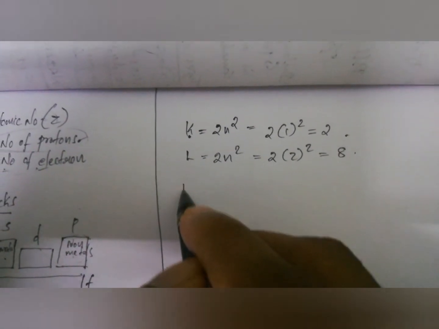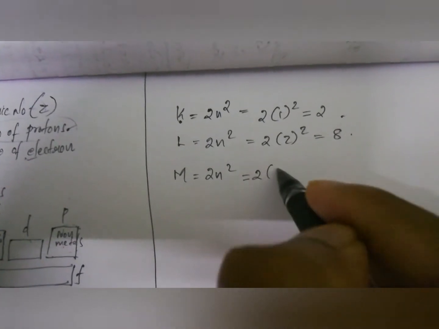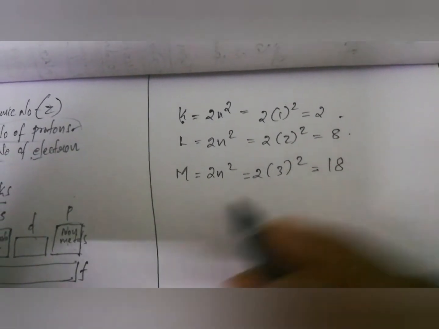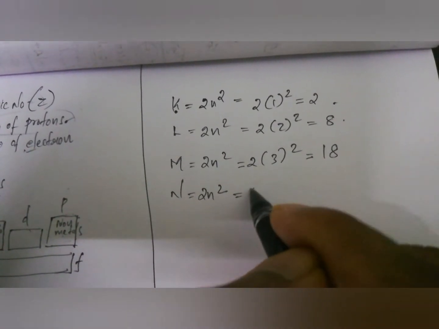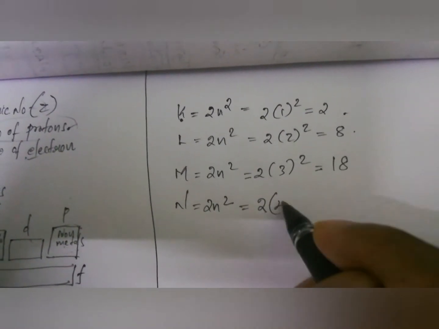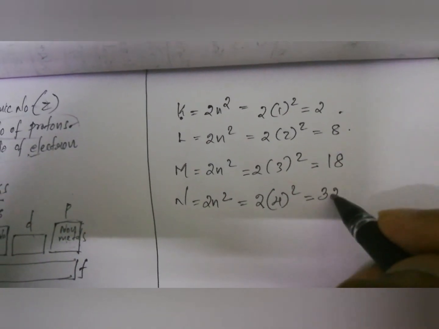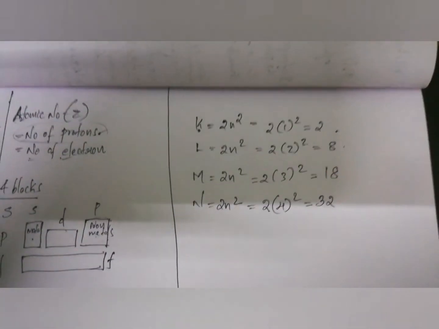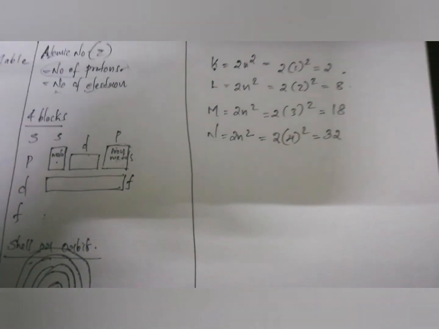In the M shell, 2 into 3 squared is 18. In the N shell, 2 into 4 squared, that is 16 into 2, is 32. Thus we find the number of electrons that can be occupied in each shell of an atom.